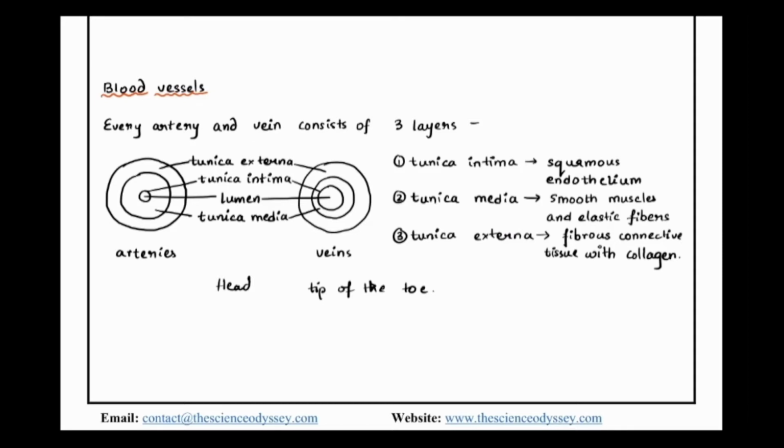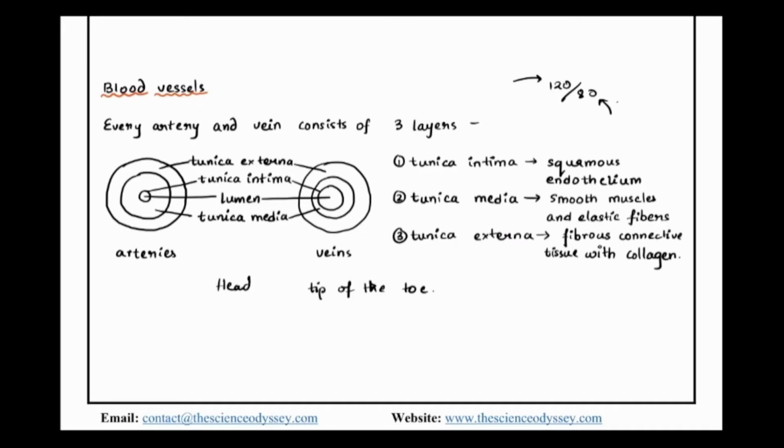In veins, the pressure decreases because, in a normal human being, the normal blood pressure should be 120 by 80. This 120 is the systolic pressure, and this 80 is the diastolic pressure.